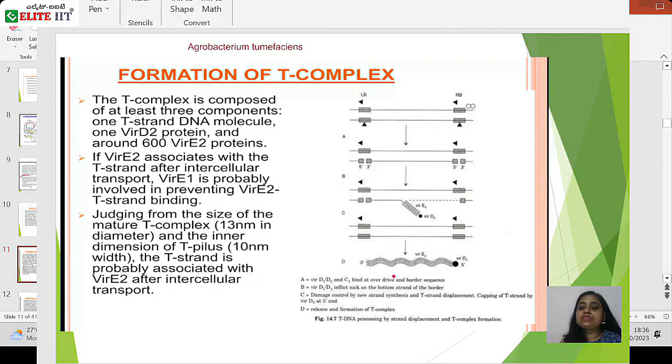So after transport also there will be attachment with VirE2. So VirE1, VirE2, VirD1, VirD2 are participating in the cutting of the T-DNA and transport of the T-DNA into the plant cell.